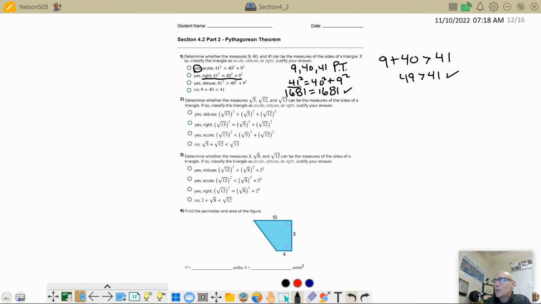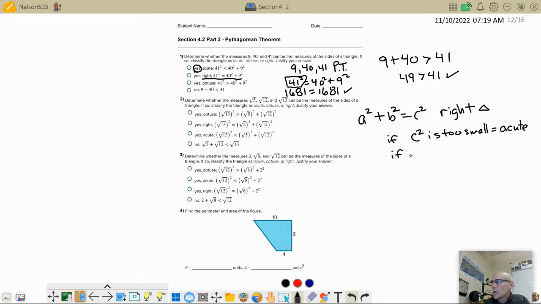So let's write it like this: a squared plus b squared equals c squared. Definitely a right triangle if it works like that. If c squared is too small, then we have an acute triangle. I'll explain that in just a second. If c squared, this is the only thing I consider, is where the hypotenuse is.